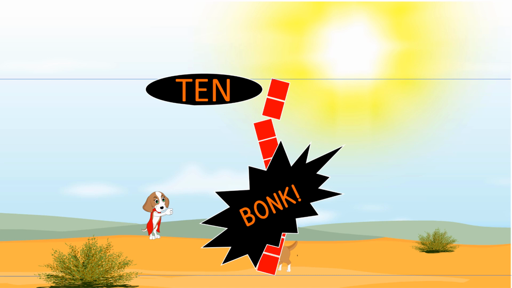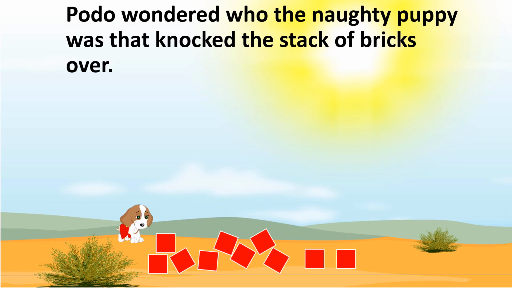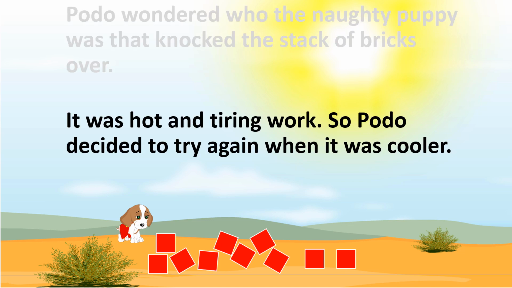Bonk. Oh no. What's going on? Whoops. Podo wondered who the naughty puppy was that knocked the stack of bricks over. It was hot and tiring work, so Podo decided to try again when it was cooler.